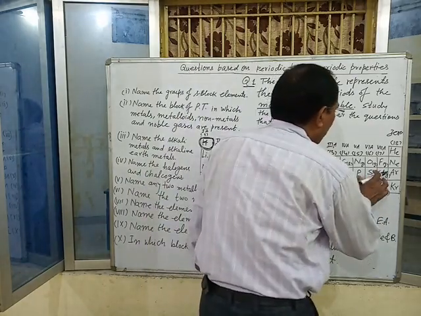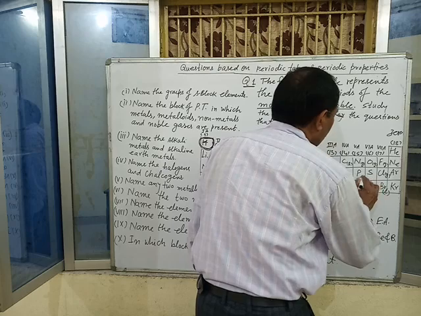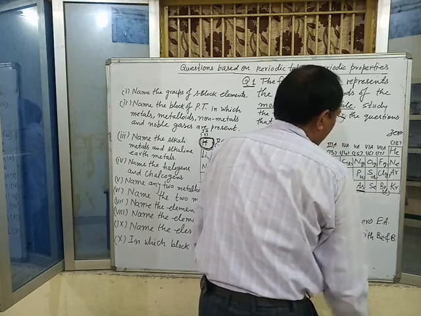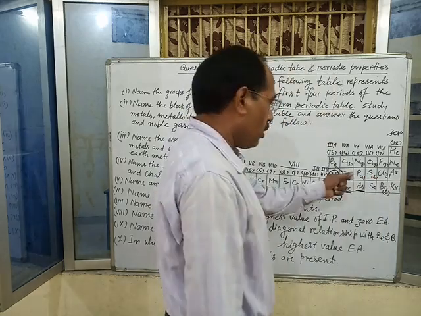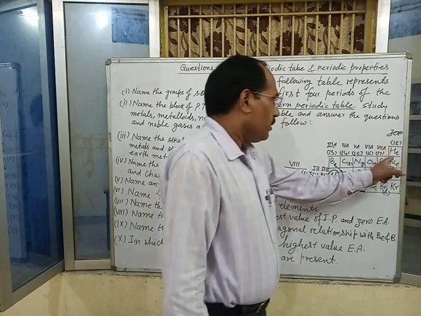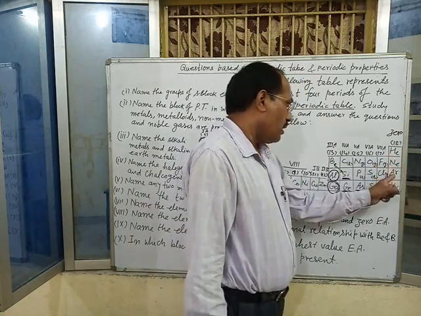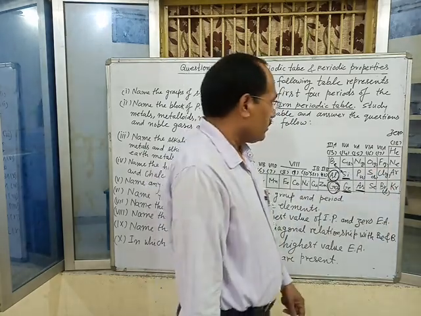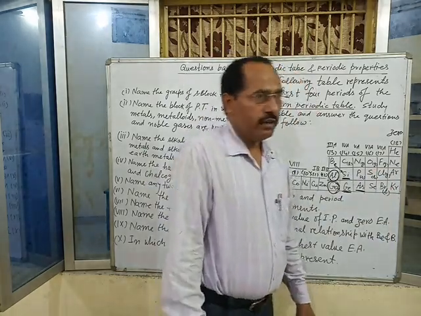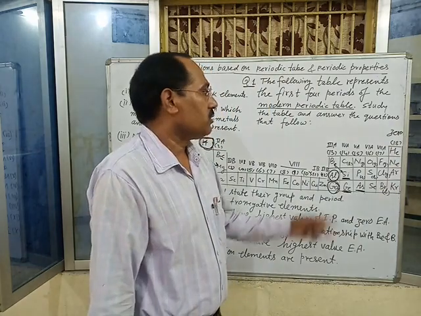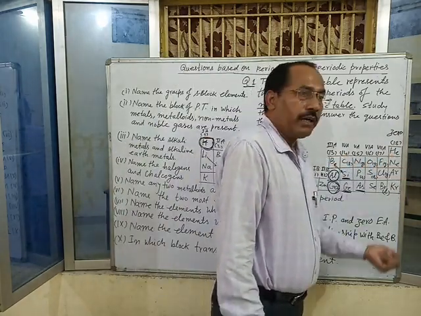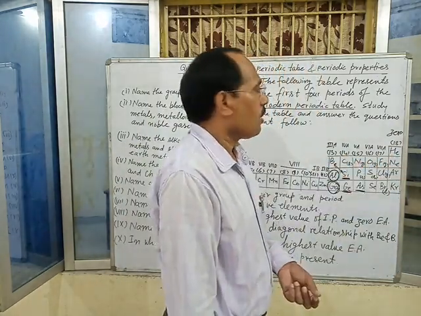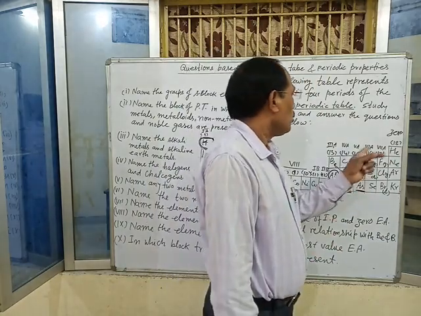Phosphorus and sulfur are solid non-metals. Helium, neon, argon, krypton, xenon, radon are gaseous non-metals, gaseous monoatomic non-metals known as noble gases.